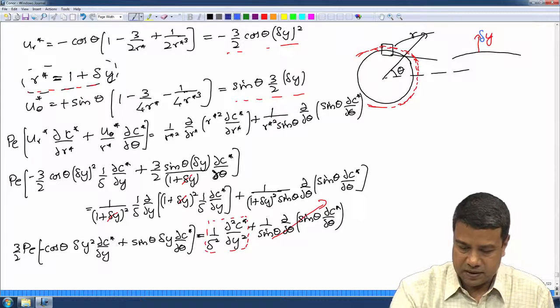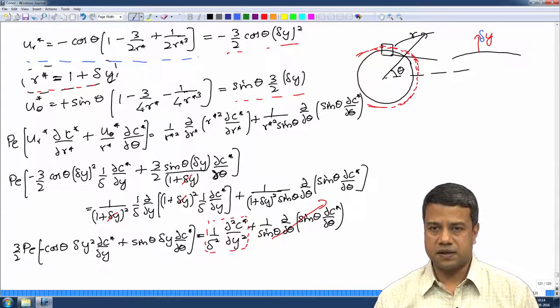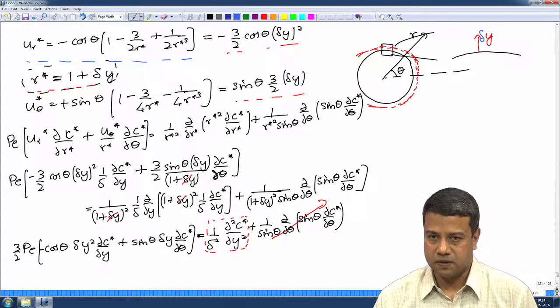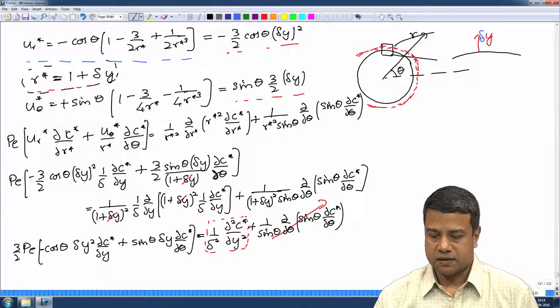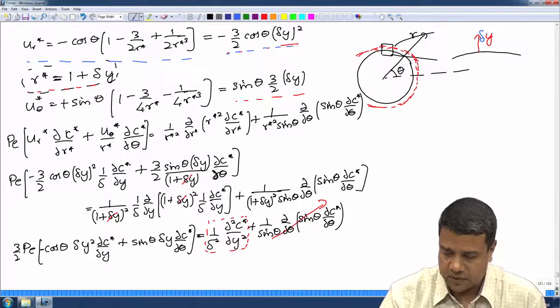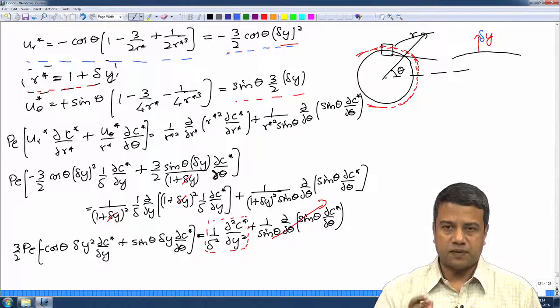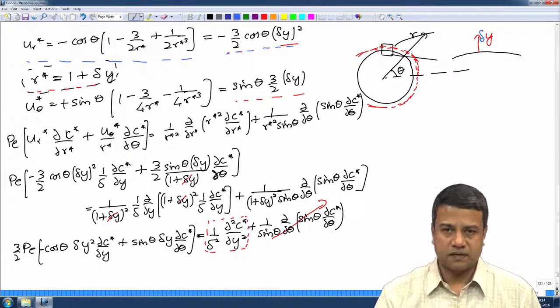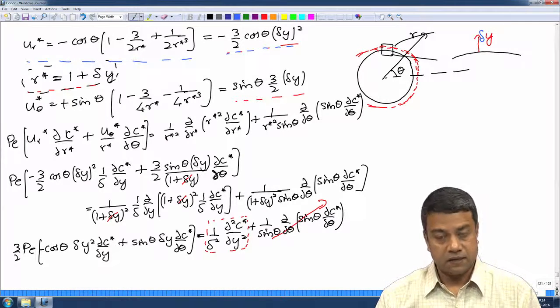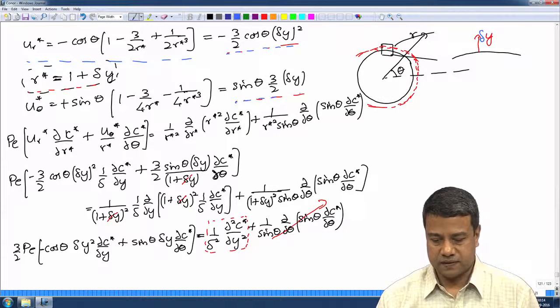This was inserted into the equation, and I had done a Taylor series expansion in the small parameter delta. The radial velocity, the velocity normal to the surface, ended up being proportional to delta y the whole square. So the velocity perpendicular to the surface goes as the square of the distance from the surface. The velocity parallel to the surface is linear in the distance from the surface.